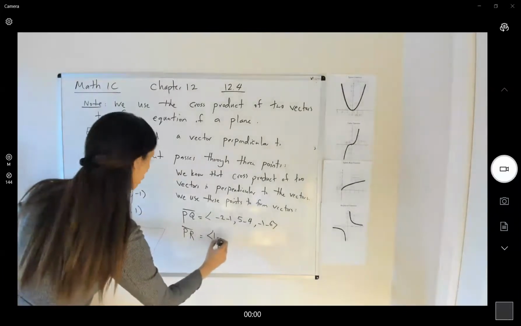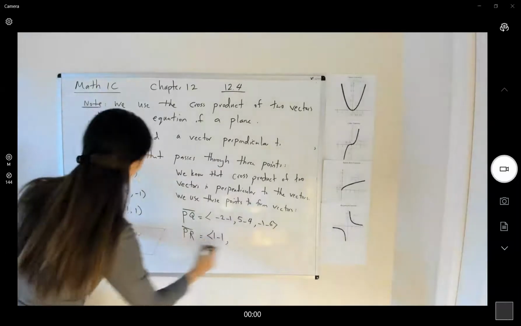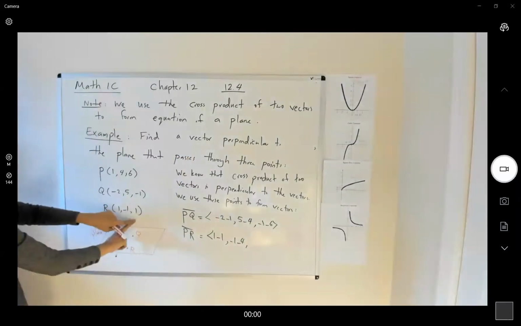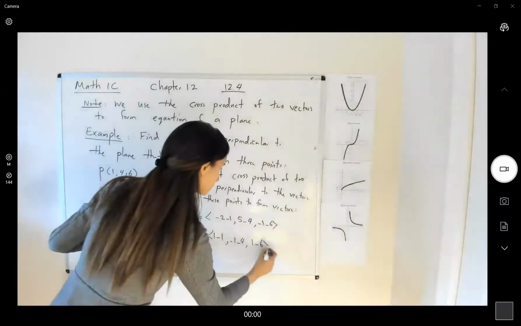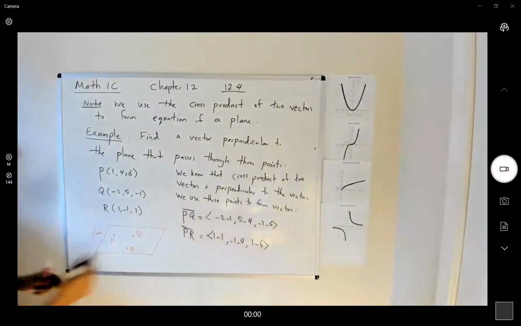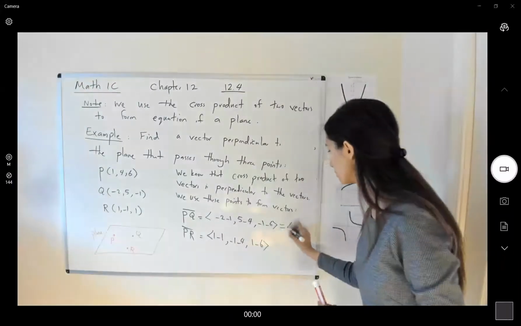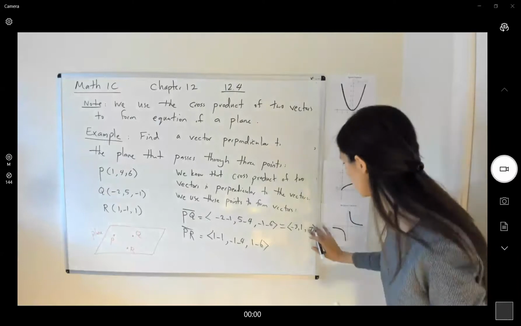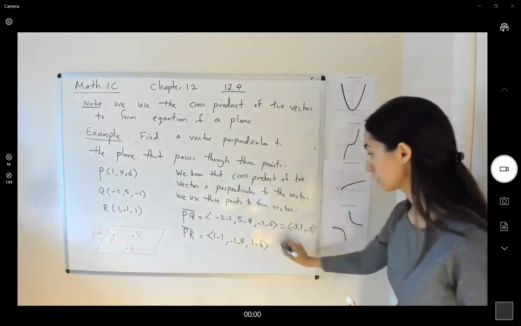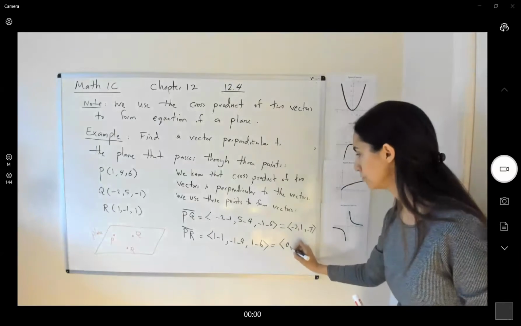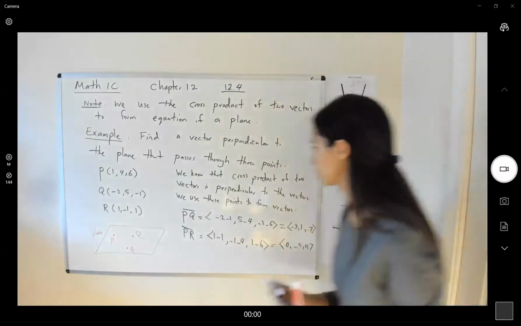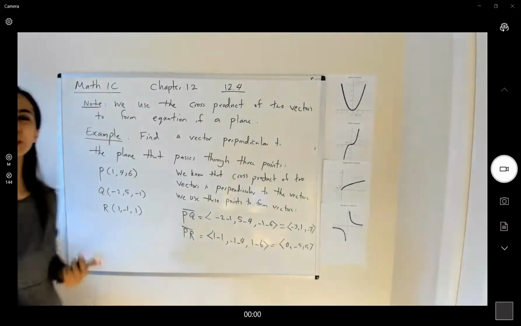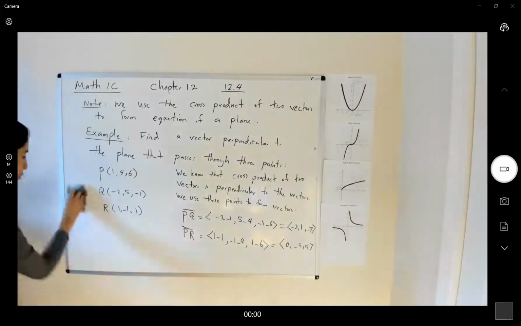You have 1 minus 1, comma, -1 minus 4, comma, 1 minus 6. Let's form these two vectors. The first one is equal to (-3, 1, -7). The second vector is (0, -5, -5). Well, you have two vectors. Now you can find the cross product between them, and there you have your vector.